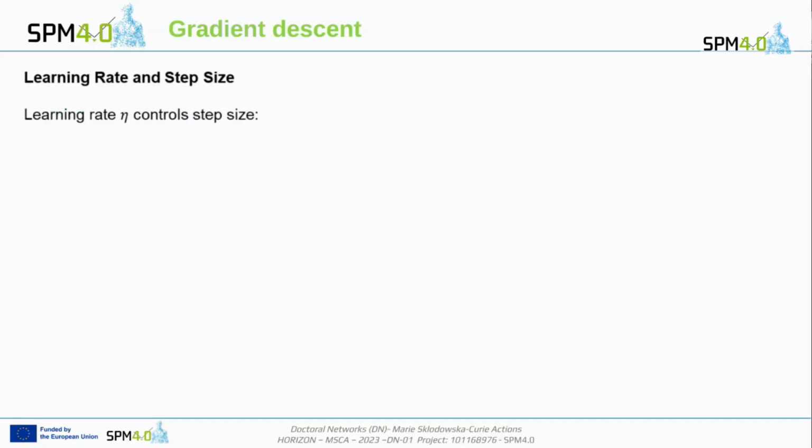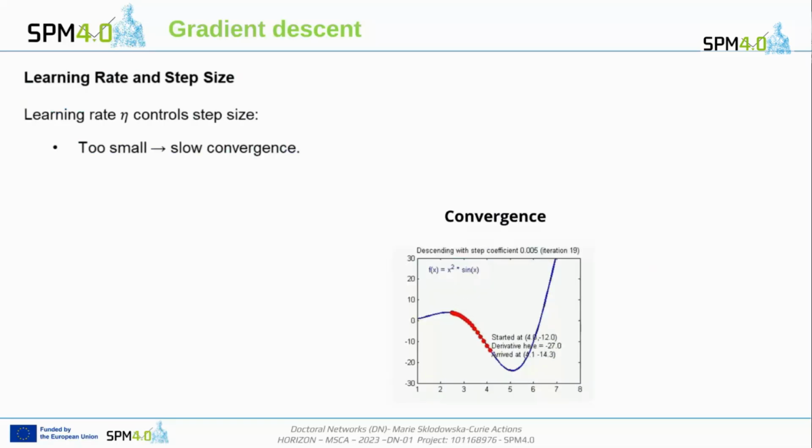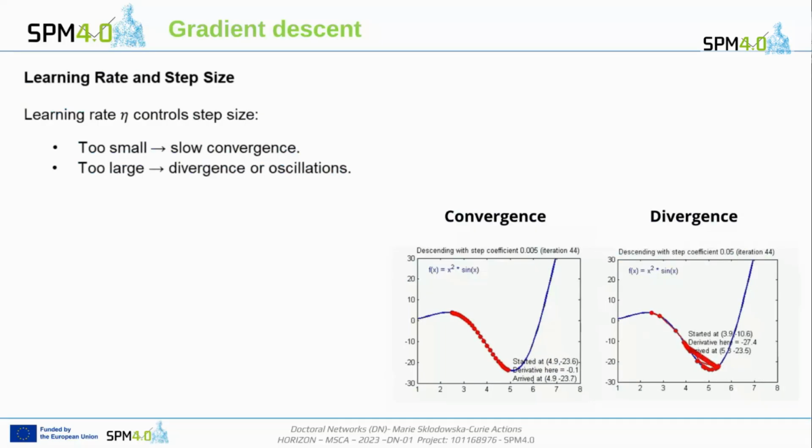Okay, so let's talk about learning rate and step sizes. The learning rate is what controls step size. If we have too small a step size, the convergence is slow, and this of course is computationally costly, so it takes too long to find the minimum. If it's too large, the model can diverge or have oscillations before settling down in the minimum.